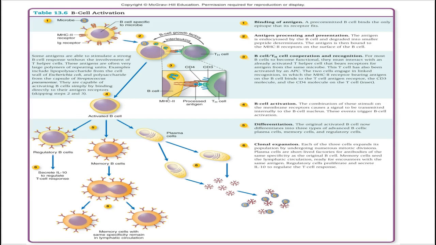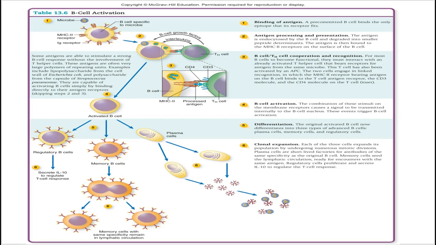We're going to have the production and proliferation of memory cells that will remember that antigen. So when it is exposed to that antigen a second or third or fourth time, that response can occur much more quickly because we have B cells that remember that antigen.